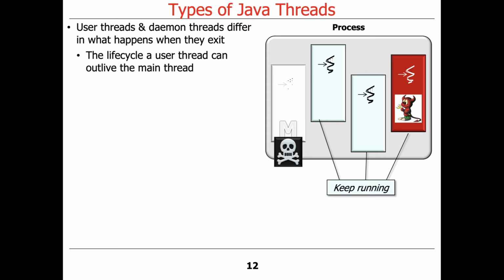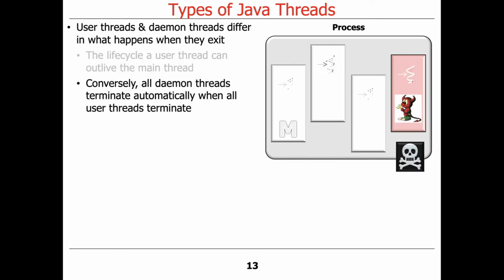So if the main thread terminates, either normally or abnormally, it goes away, these other threads will keep running because there's at least one other user thread that's still alive. However, when all the user threads go away, the daemon thread or threads automatically terminate. So their lifetime is bound to the user threads.